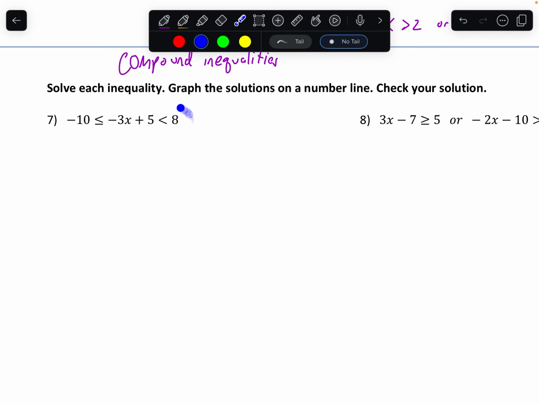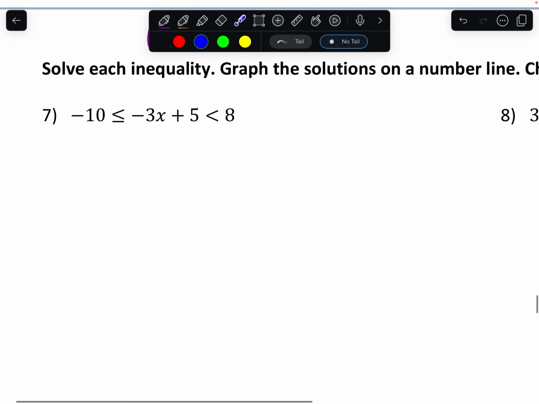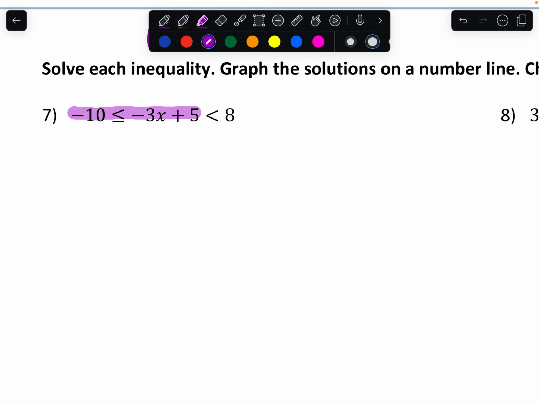With an AND inequality like this, what you want to do is think about the first part of the problem, this left side of the problem, from there to there. You're going to solve that. So I have negative 10 less than or equal to negative 3x plus 5.